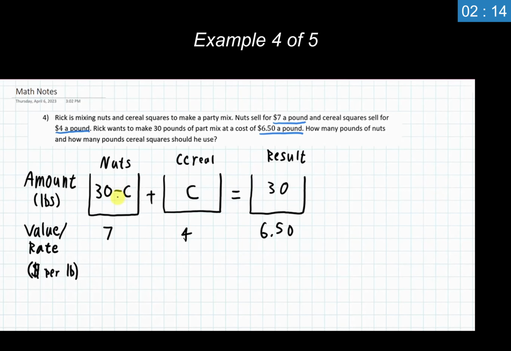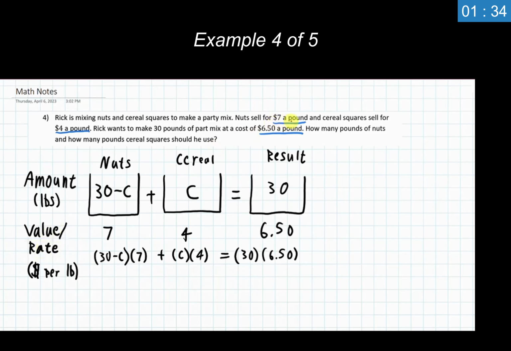Now the part that's going to get a little bit tricky, and here's where the main difference shows up in these types of problems versus the other three that we've been doing up until now. Because we have the value as a rate, we are also going to be multiplying the resulting amount times the resulting rate. So every single thing multiplies together here. The reason for this is because the value is linked to being a rate as well.